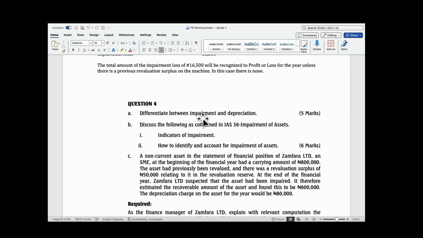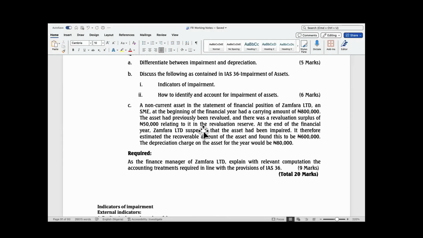And when you identify, you recognize the impairment loss to P&L and credit the value of the asset. But if there is a previous surplus on the asset, then you recognize that to OCI in that case. So that is how that is treated.